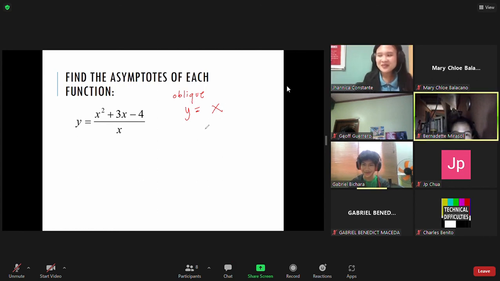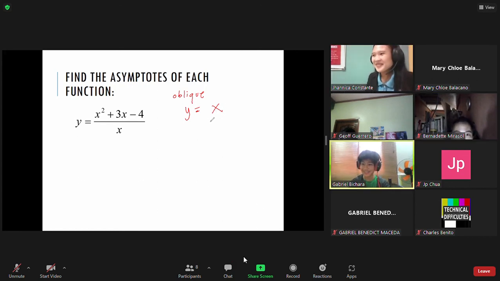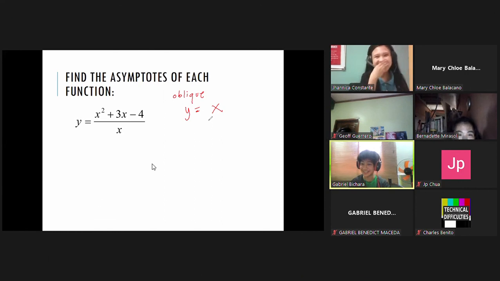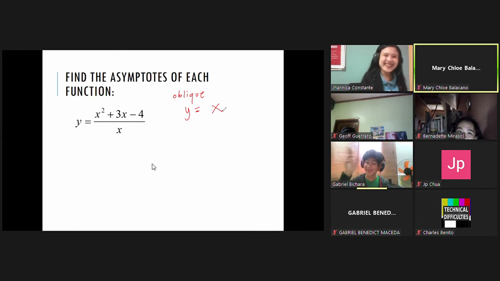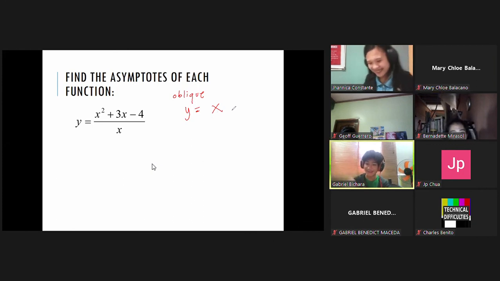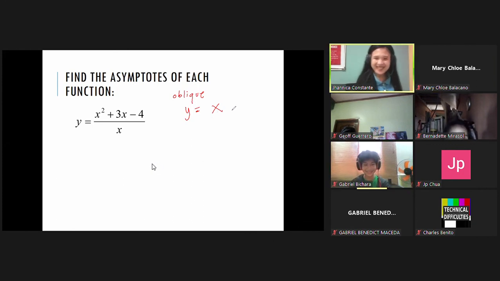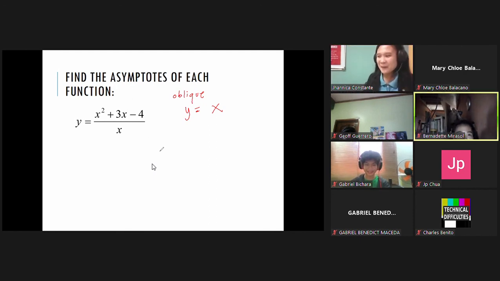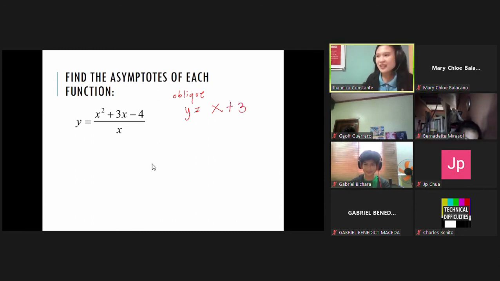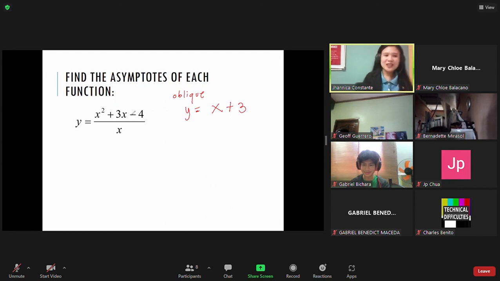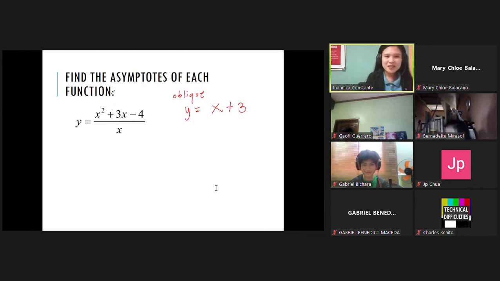Chloe only knew it had an x at the start, but she's not going to continue because she's uncertain of the rest. You throw the ball, but you don't chase the ball. Catch the ball now. What's the rest? X and what? Plus 3. So that is our oblique asymptote for the function x squared plus 3x minus 4 over x.